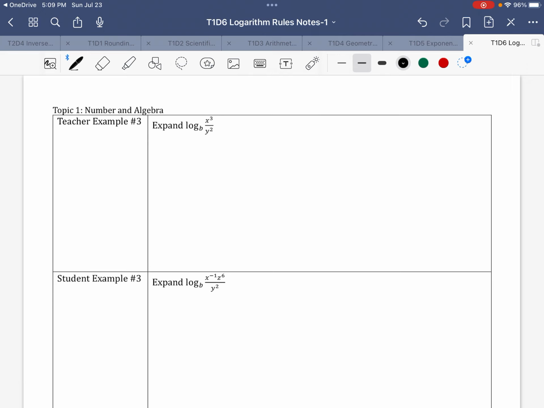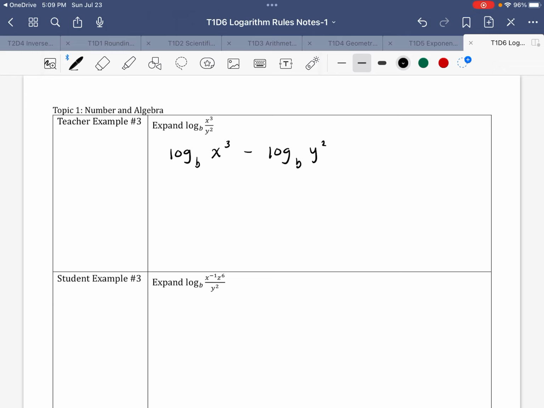Our last, teacher example number 3, says to expand log base b of x to the third over y squared. Since it's being divided, we're going to use our quotient rule and rewrite it so that we have log base b of x to the third power minus log base b of y squared.